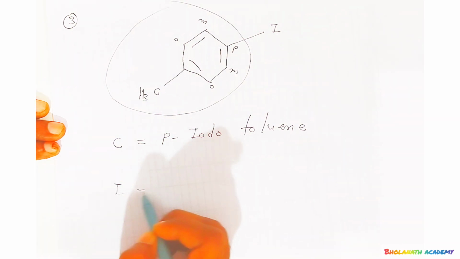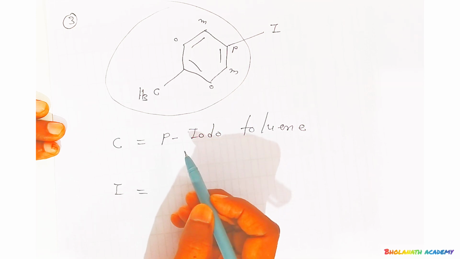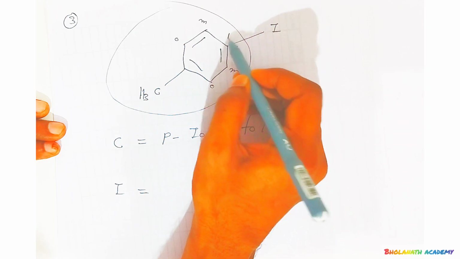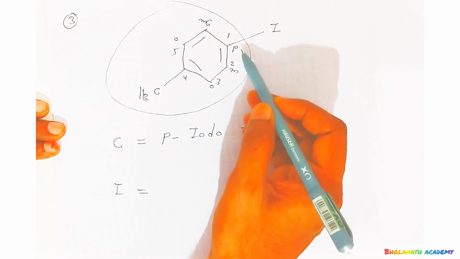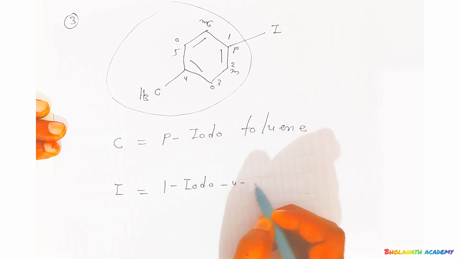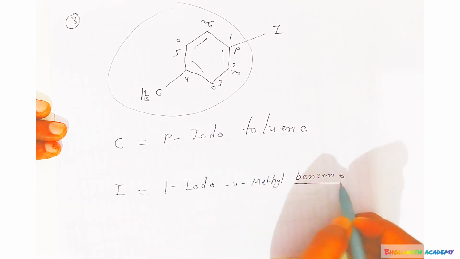With the IUPAC name, students, you have to start the numbering where the number is required. While you are naming with IUPAC numbering, this benzene halogen will always get first number: 1, 2, 3, 4, 5, 6. Understanding, students? So this is nothing but 1 iodo, 4 methyl, and then benzene. Parent is what? Benzene.